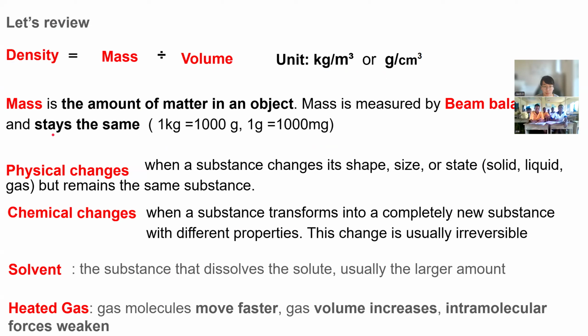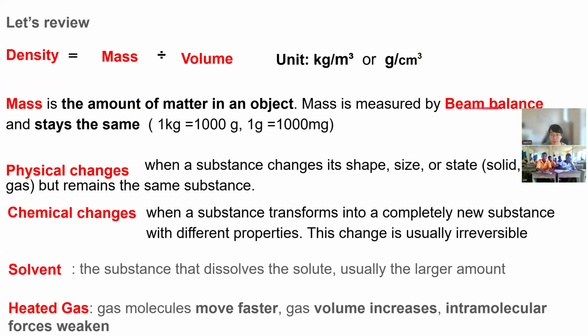We also learned that mass is the amount of matter in an object, and mass is measured by the beam balance and always stays the same. It does not depend on location. We also learned about the conversions: 1 kilogram being 1,000 grams, and 1 gram becoming 1,000 milligrams.